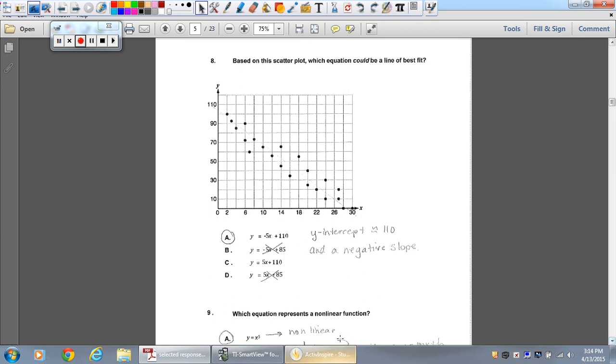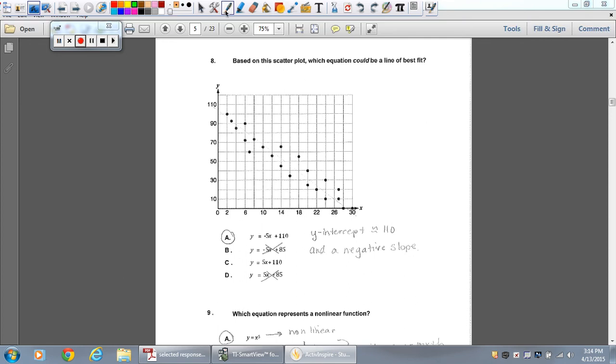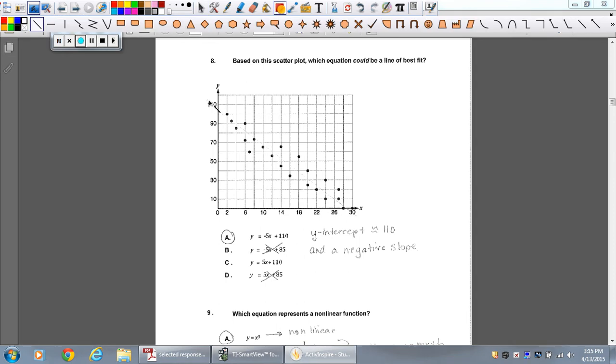Number 8, you can draw in your line where it's approximately your line. I'm not that good with the Promethean board here, but all right, I could sketch in where I think that line is, where it follows the data.